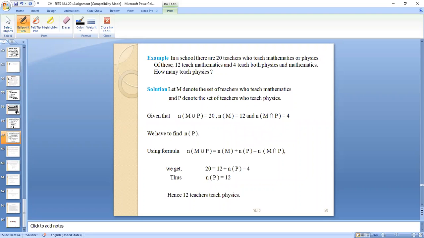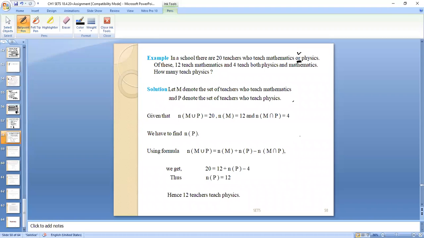Next is, in a school, there are 20 teachers who teach mathematics or physics, right? Now, this word 'or' is very important for us, because we will analyze our statement from these words.